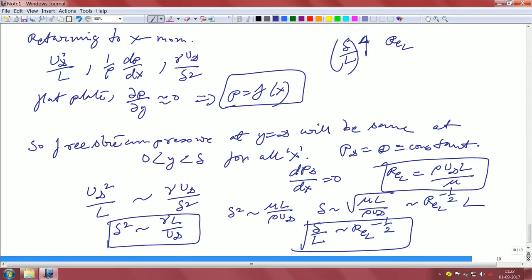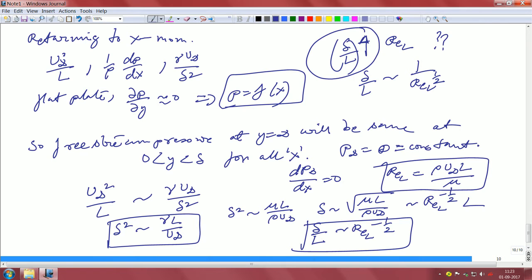So, you can see that once again this is given as Reynolds number to the power of minus half, right. This is 1 over the Reynolds number, right. Okay. So, if the Reynolds number becomes a very big quantity, as you increase the Reynolds number, what will happen? As you decrease the Reynolds number, what will happen?